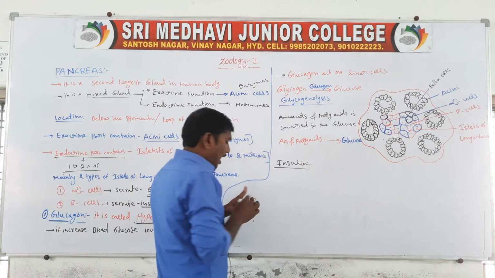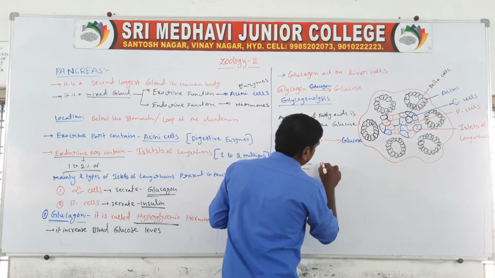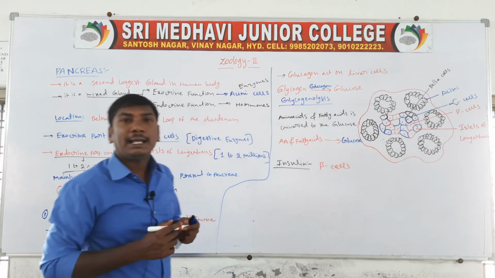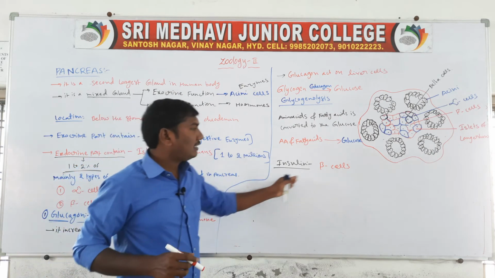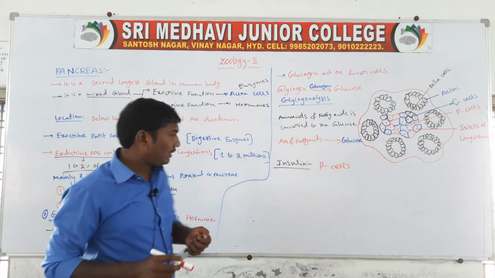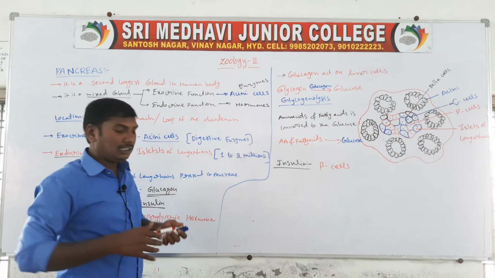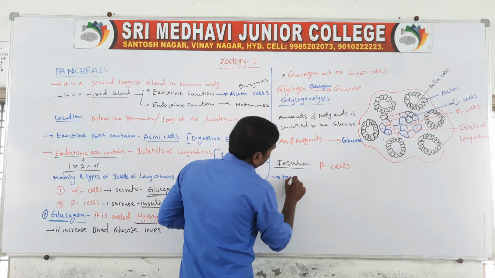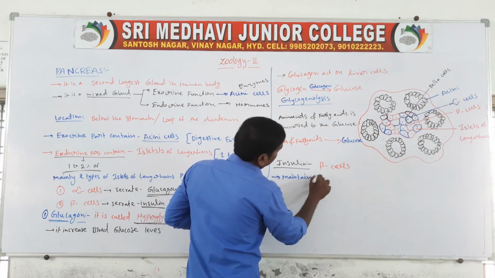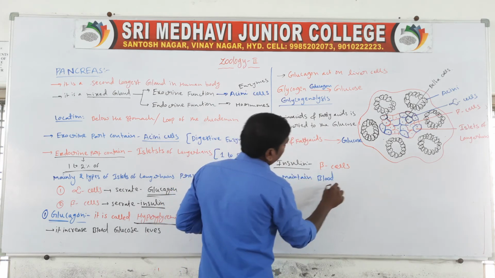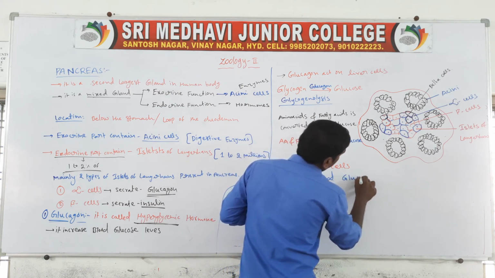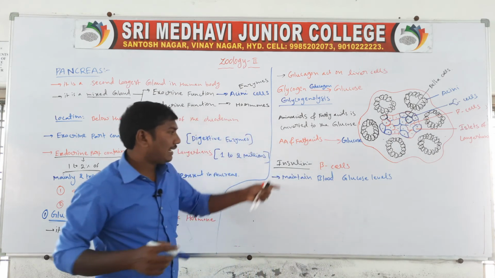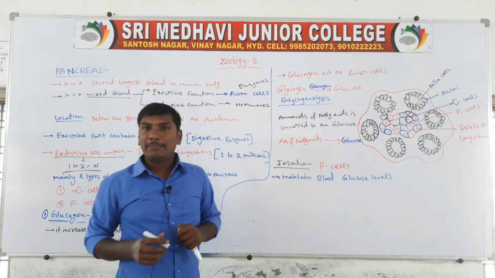Insulin. This hormone is secreted by the beta cells. The insulin's main function is to maintain the blood glucose levels.